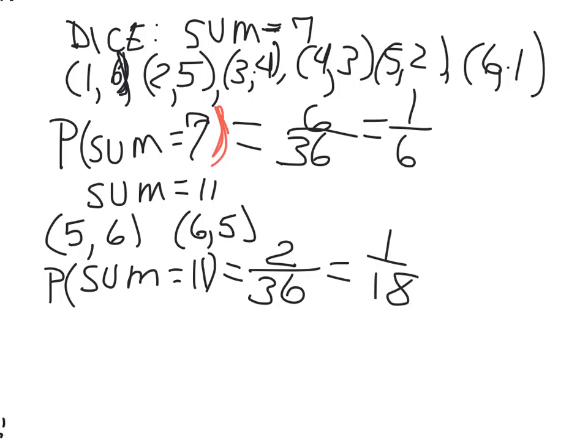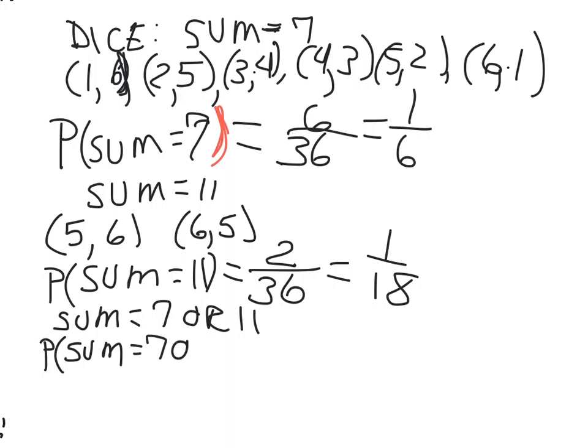Okay, now what if we want the sum equal to 7 or 11? Well, these don't have anything in common. Either it's a 7 or it's an 11, so we don't have to worry about an overlap. And I'm going to go back and put those back in the 36s.